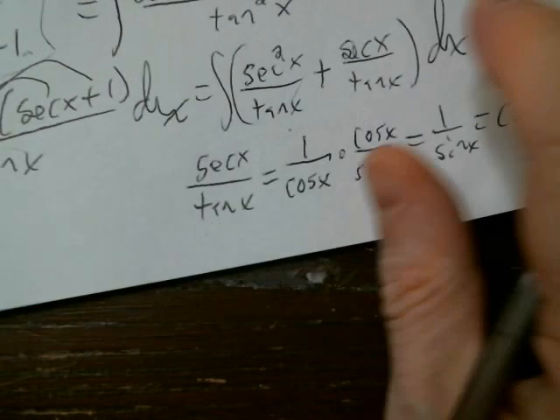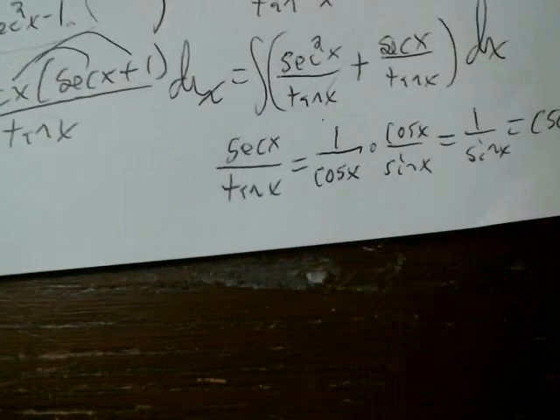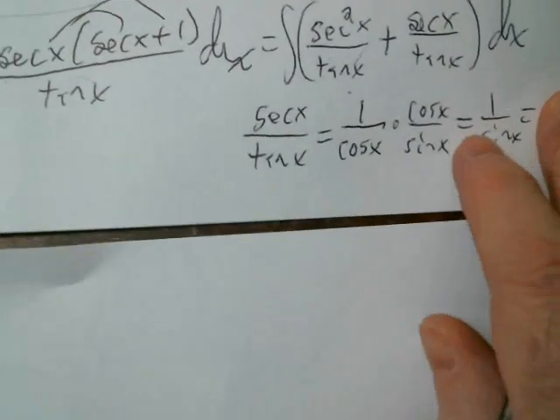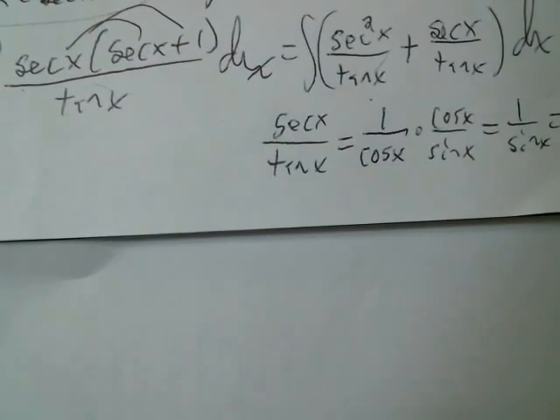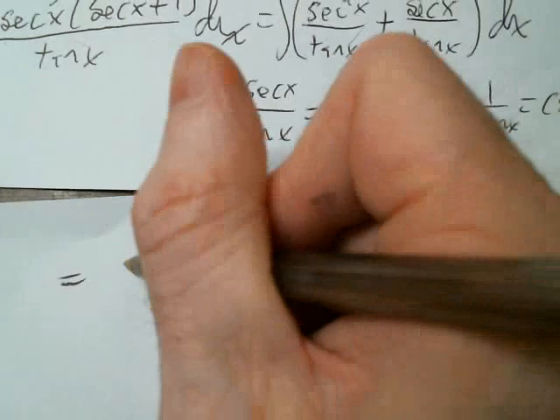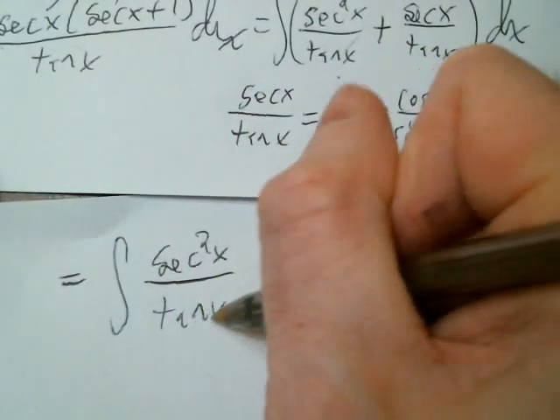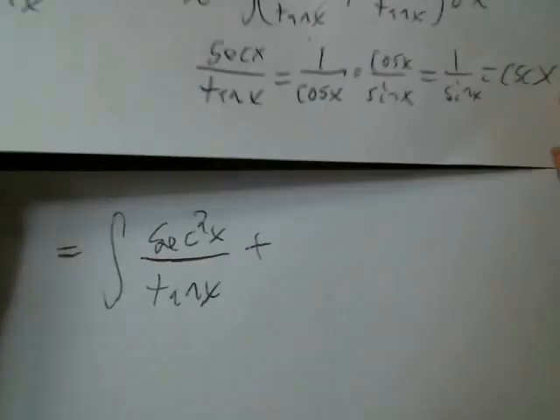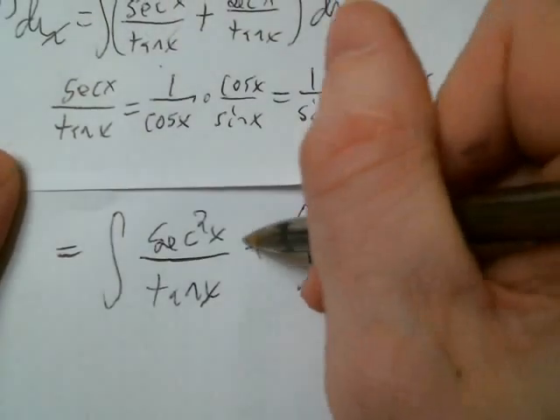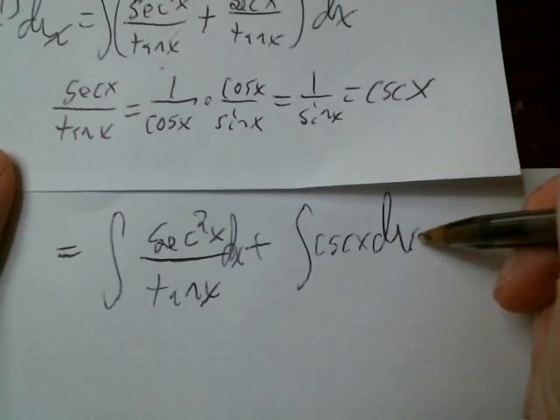Okay, and then I have formulas for that. I wouldn't expect you to have that memorized, though. So let me just recap which trig integrals you should have memorized here in a sec. But let me get this out of the way. All right, so right now I'm looking at an integral for secant squared x over tan x dx, plus this other integral for cosecant x dx.